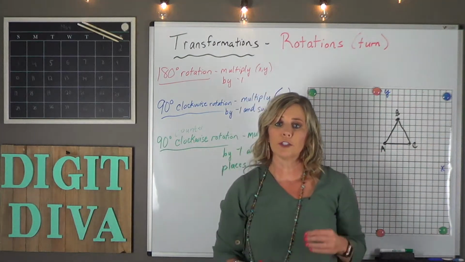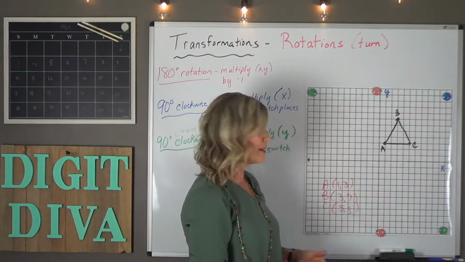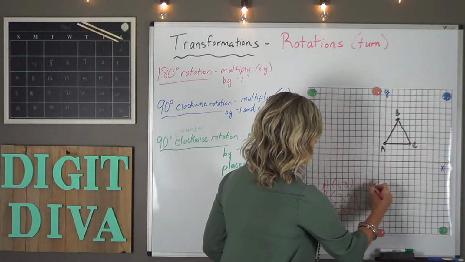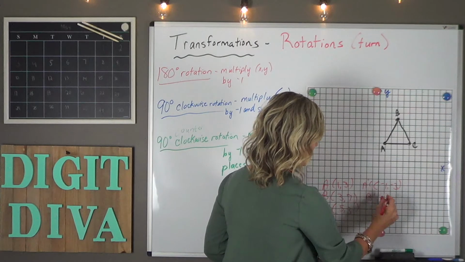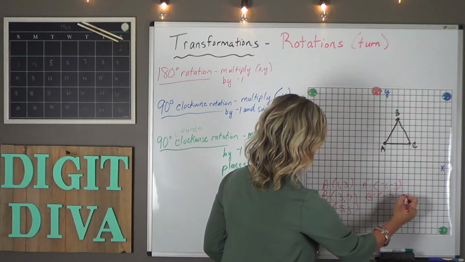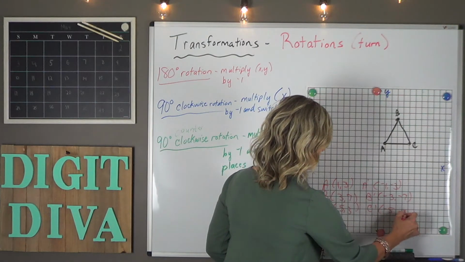So if I was going to do a 180-degree turn, I would simply change my x and my y to their opposite. So I'm going to list them: A prime is -1, -3. B prime would be -3, -7. C prime, -5, -3.